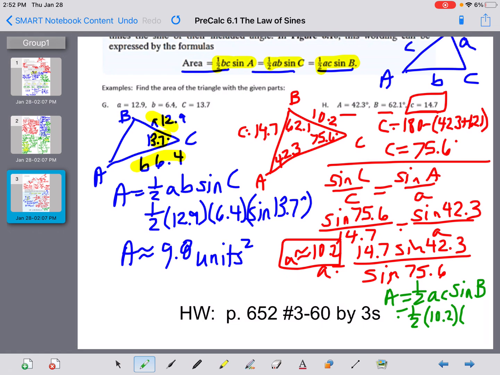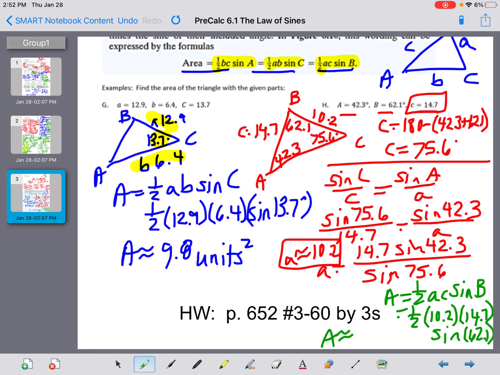My c is 14.7 times sine of the angle, which was B, is 62.1. If you had found side, I don't know, c or b, you would use a different one, right? But those are the ones I have. So 0.5 times 10.2 times 14.7 times the sine of 62.1 is 66.2.